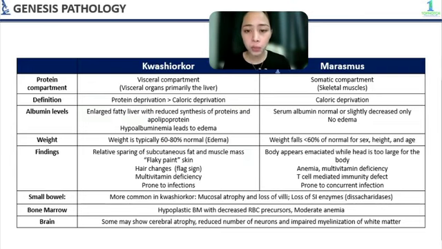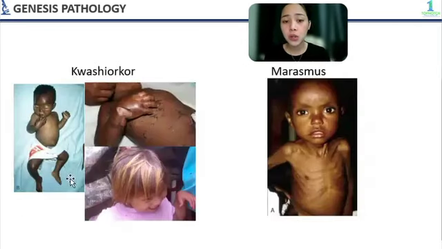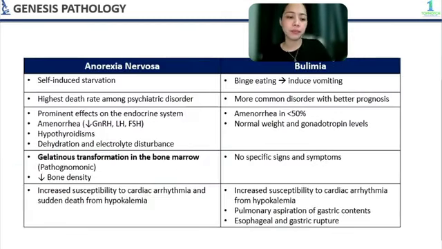The bone marrow in both kwashiorkor and marasmus will appear hypoplastic because of a decrease in RBC precursors. So magkakaroon ka ng anemia. And dahil nga you have several deficiencies of multivitamins, you can expect there is immune deficiency and the child is prone to infections. So ito yung itsura ng batang may kwashiorkor, hindi sila mukhang payat kasi nga namamaga siya ng edema. Ito yung flaky paint appearance ng skin, and ito naman yung child na may marasmus na payat talaga.